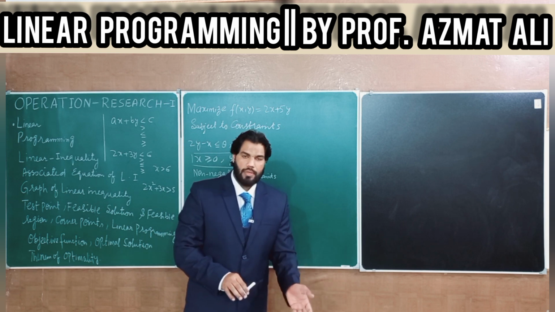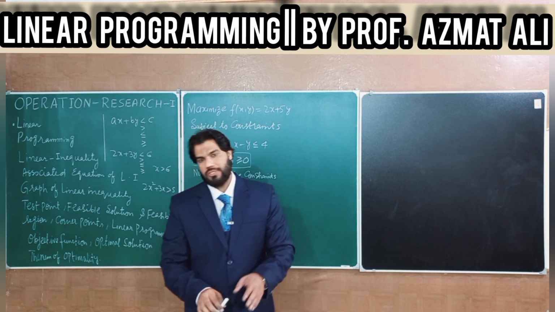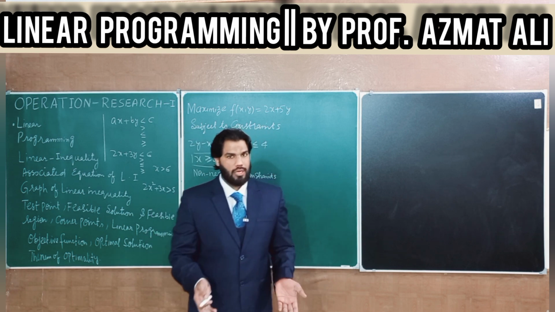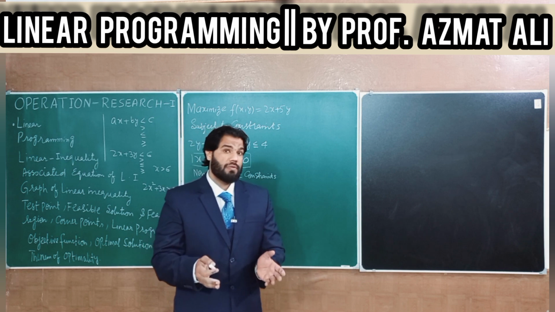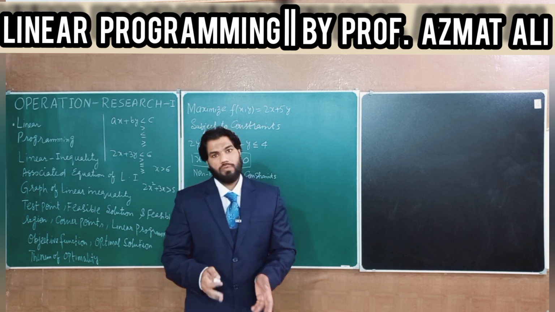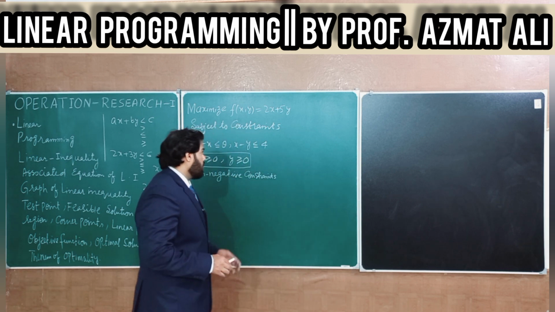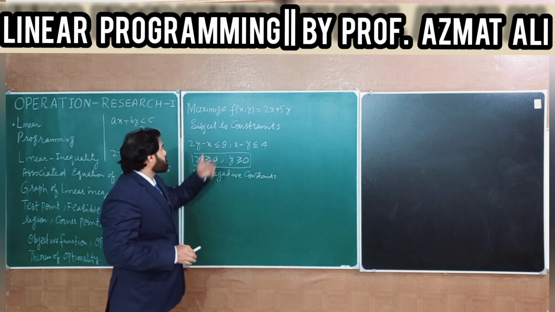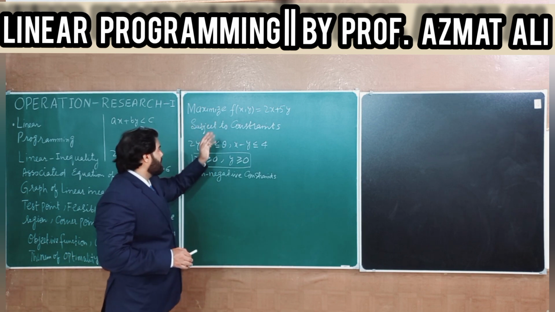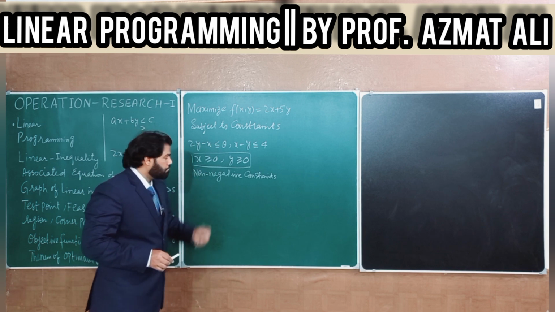It says that if the solution of a linear programming model exists, then it will always exist at one of the corner points. Now we solve this example. We have to maximize this function under these constraints.